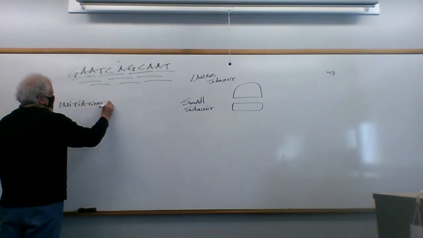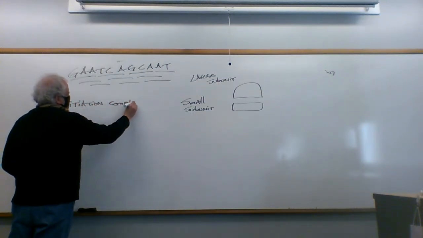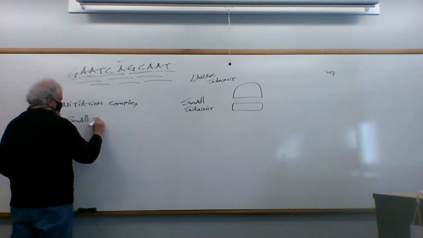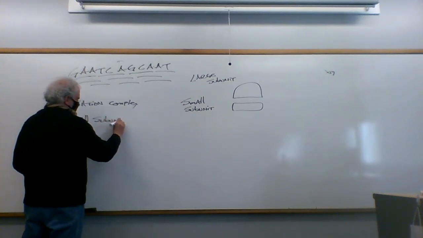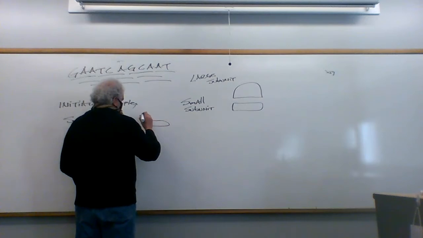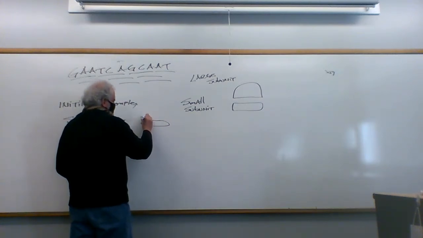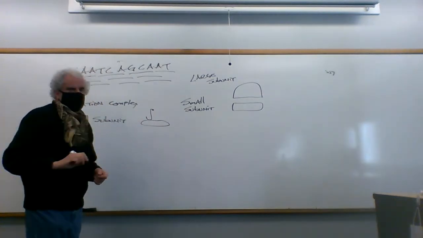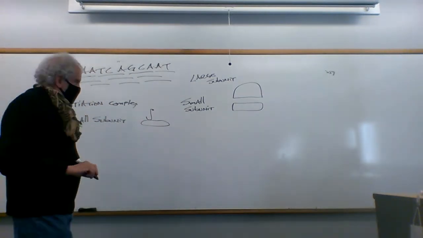The initiation complex is the small subunit, so the bottom of our hamburger bun, and it's got attached to it a tRNA that I draw sort of a cartoon like this.